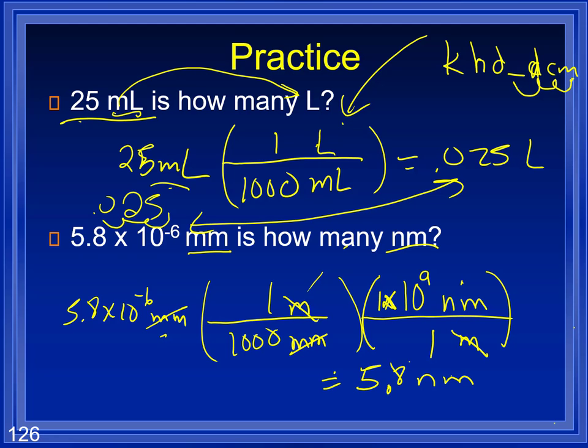Now I need to get rid of liters and turn it into what they asked me for, centiliters. So I had to get rid of liters. And I want centiliters. Oh, centiliters. And the liter is bigger. So it's the 1.